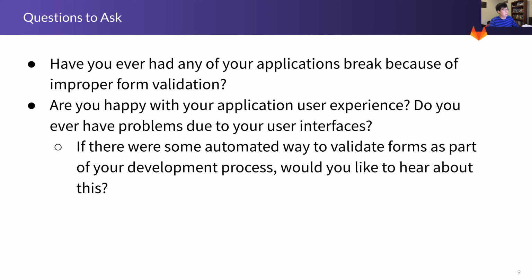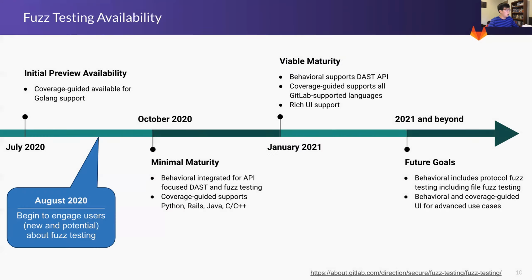Do you ever have problems with the various user interfaces of your applications? If you ask these questions, I'd say at least 50% of the people that you talk to are going to say yes. And then you can follow up with something like, if there was some sort of automated way to validate forms as part of your development process, would you like to hear about it? If you ask these questions just simply like this, I think that a lot of people are going to be interested in the new fuzz testing functionality that we're building out.